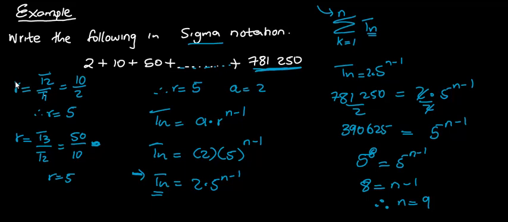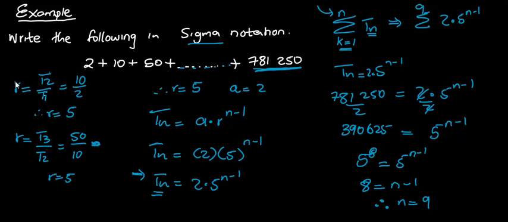So if we write this in sigma notation, what will be our answer? Our answer will be the sum. We put the 9 on top and the general term. Our general term is 2 times 5 to the power n minus 1. So we are missing something: the bottom number.